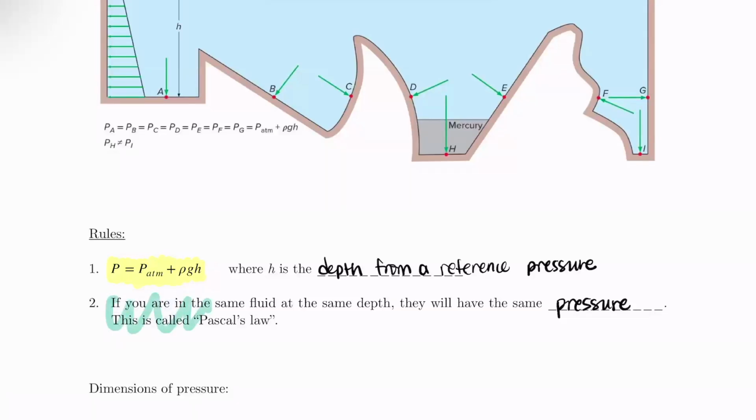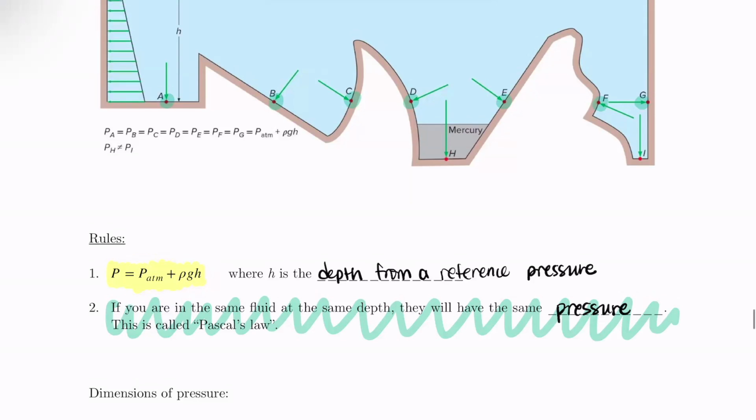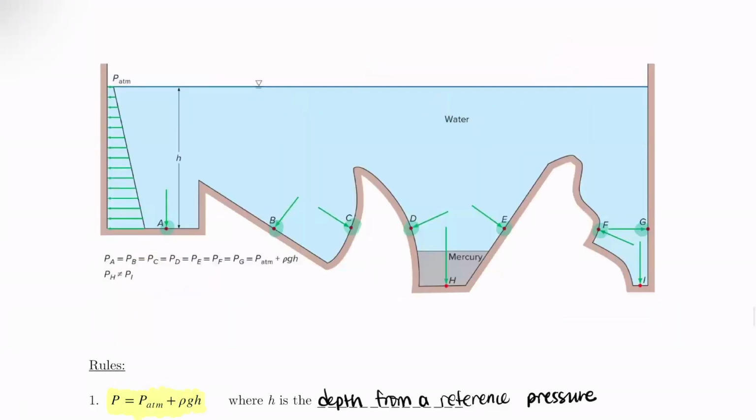Let's do this one. So because of this, that means that my pressure at A, B, C, D, E, F, and G all have the same pressure, right? So they're all at the same vertical displacement from the surface of this water, and they're in the same fluid, so they're all the same pressure.